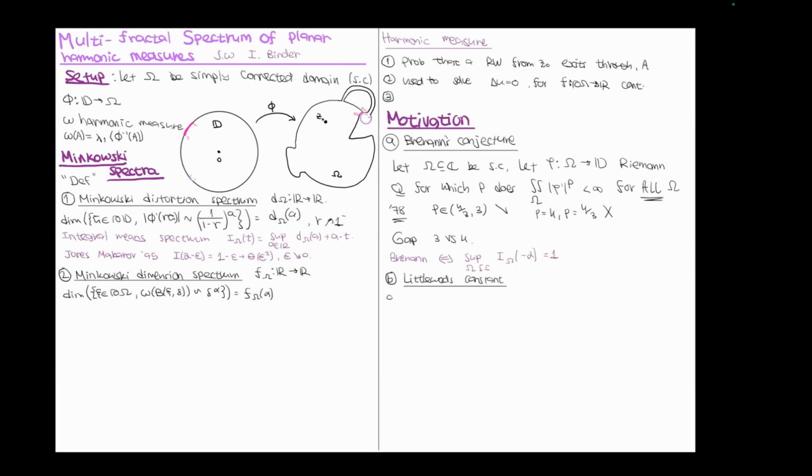Where the question asked was, you're given a polynomial of degree n, and you're asking for what is the optimum alpha, such that if you look at the hyperbolic derivative of g, it will be bounded by n to the alpha. So again, this is a question which is posed in the world of maps.